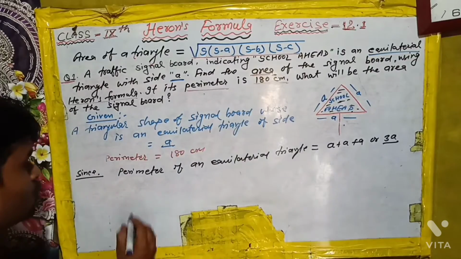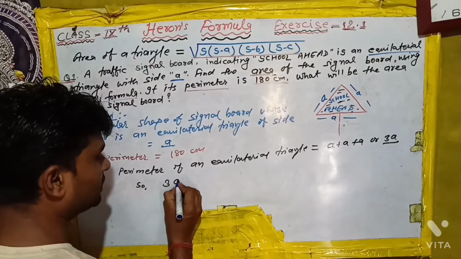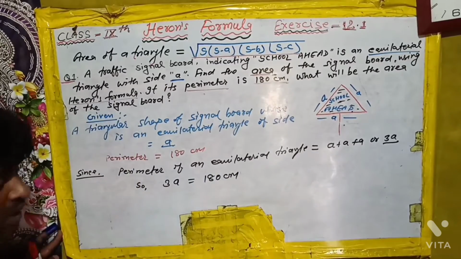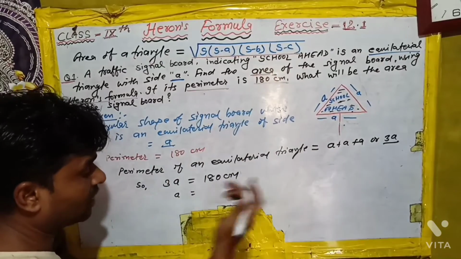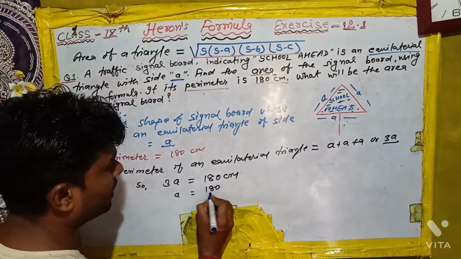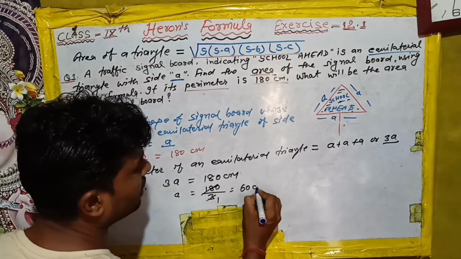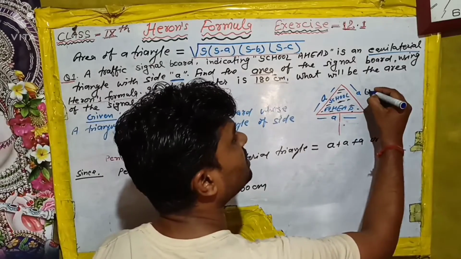So 3A is equal to 180 centimeters. When 3 goes to the right side, A is 180 by 3, which is 60 centimeters. So each side is 60 centimeters.